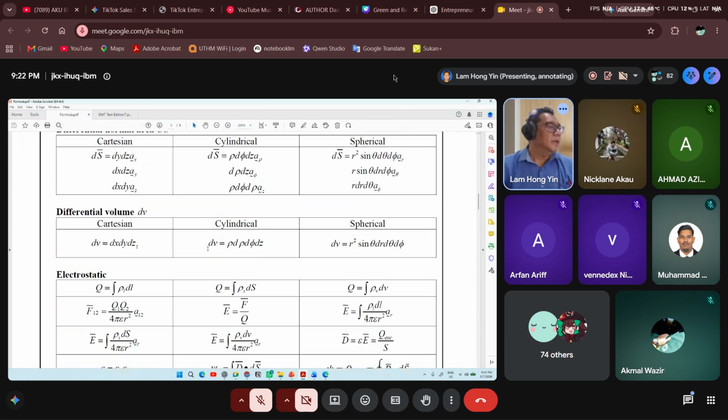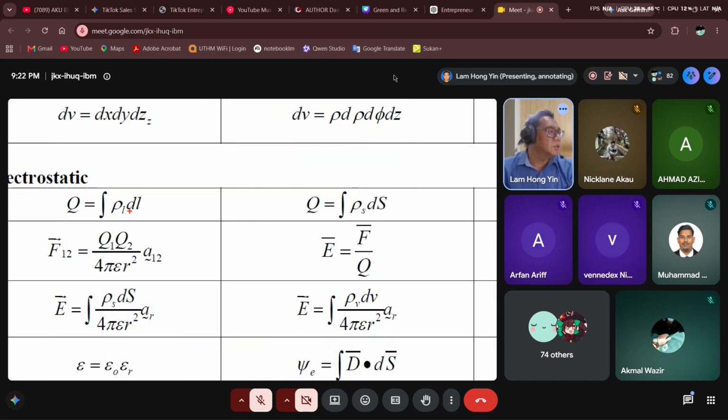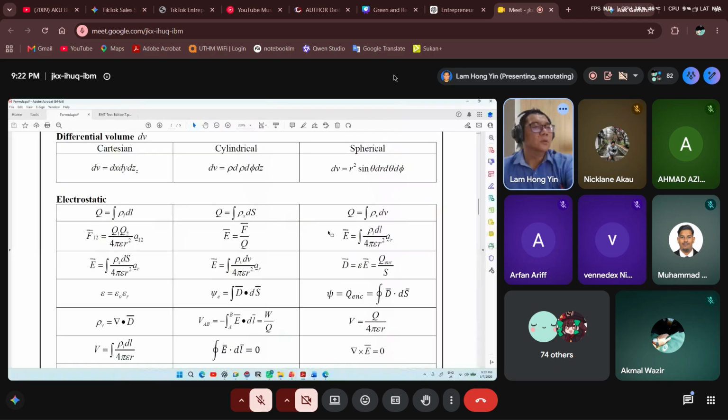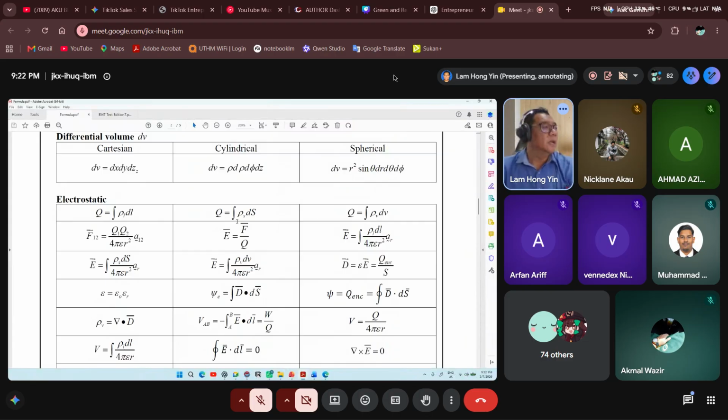And for electrostatics, as I mentioned just now, if you want to find the charge, you can find dl, dS, and also dv. So this is how you multiply and integrate rho v dv, rho s dS, and rho l dl, right?